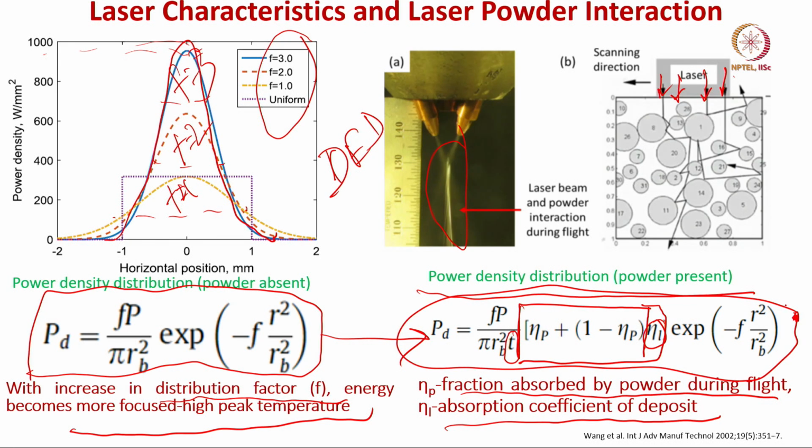All other parameters remain constant, except you have a t term, and you also have a function of eta term, where function of eta is eta_p plus (1 minus eta_p) times eta_L, where eta_p is the fraction absorbed by powder during flight, and eta_L is the absorption coefficient of deposit.